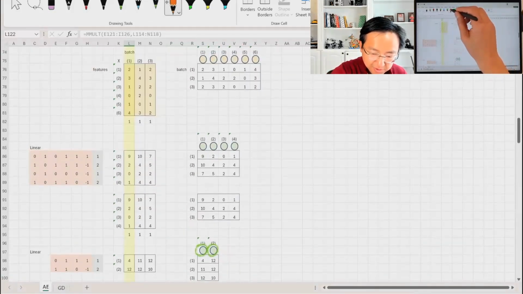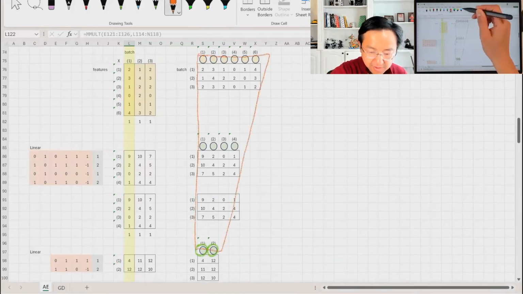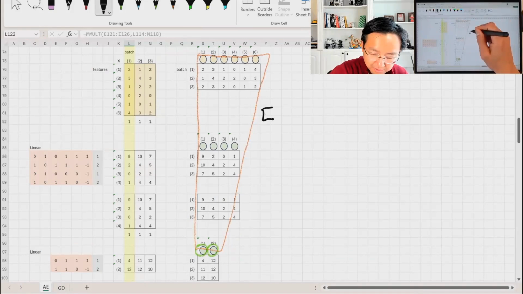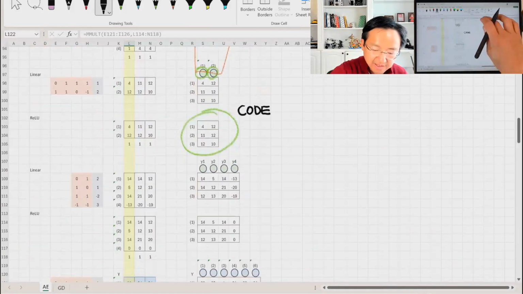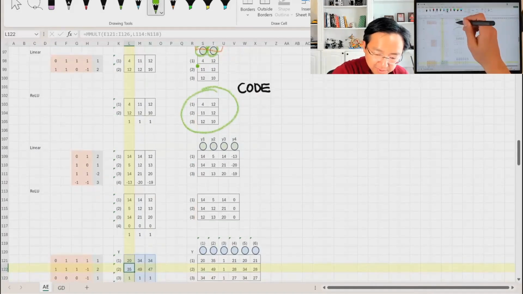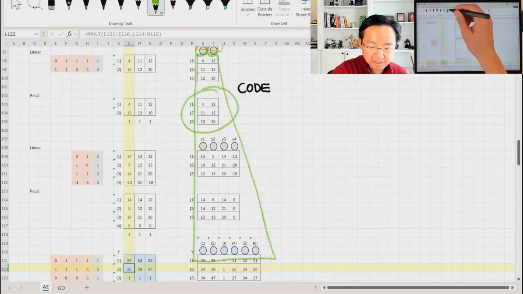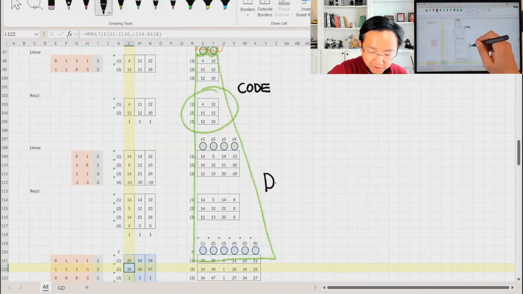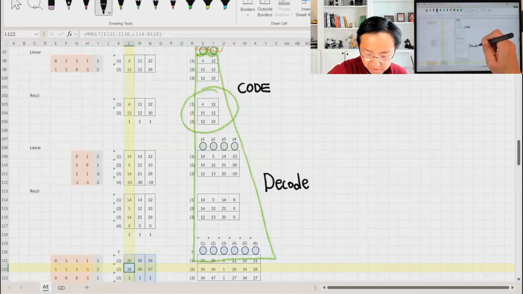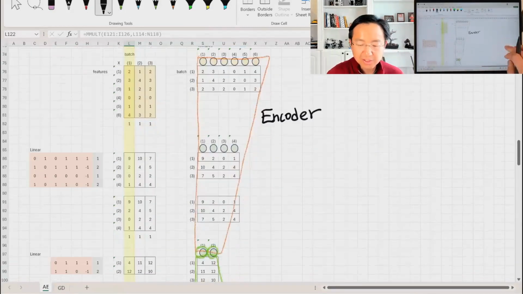Let's use orange to draw my encoder. So this is my encoder. Okay, and then we have down here, this will be my decoder. And you can see the equivalent magnitude representation to the left. So this is my decoder. Okay, so encoder, decoder.